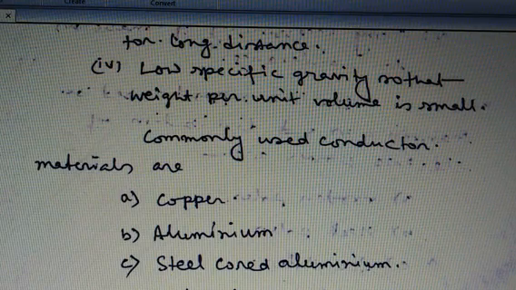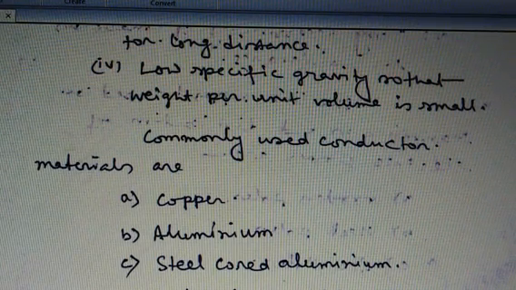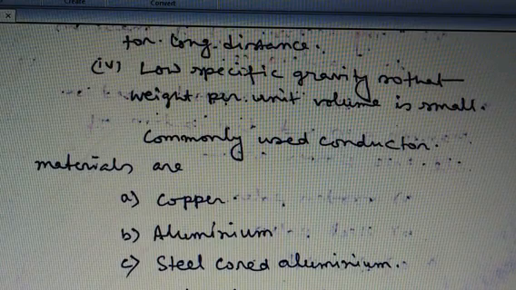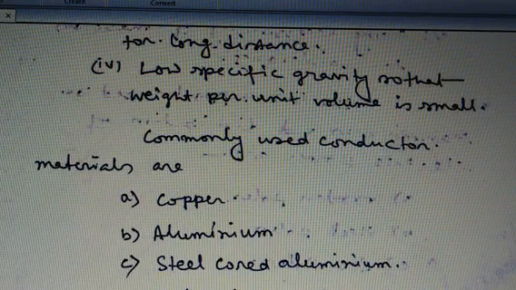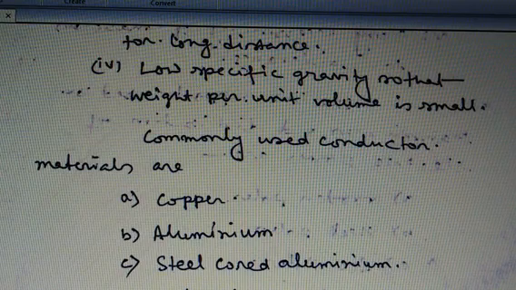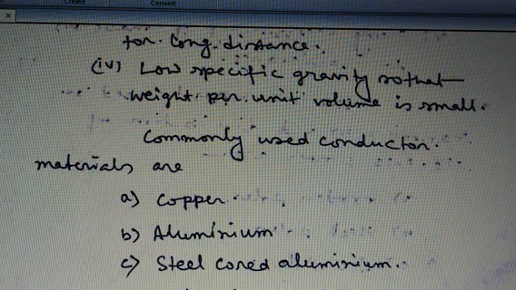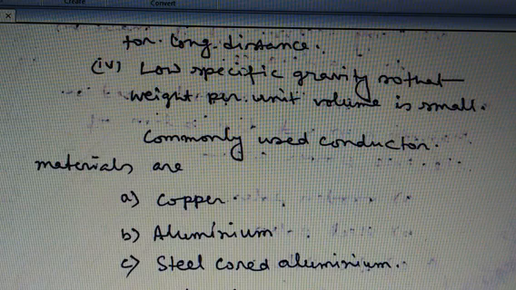Next one is the galvanized steel. Steel has a very high tensile strength. Therefore, galvanized steel conductor can be used for extremely long spans for short line sections subjected to abnormally high stress due to the climate condition. They have been found very suitable in rural areas where cheapness is the main consideration.